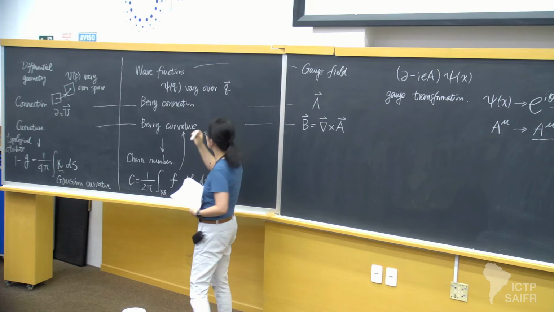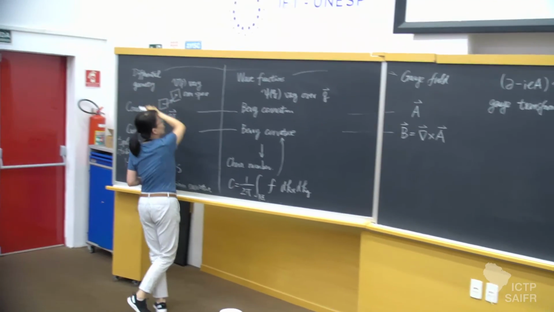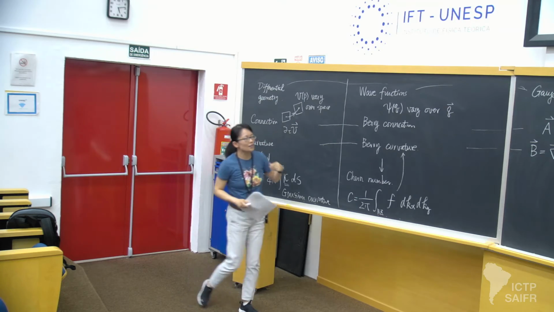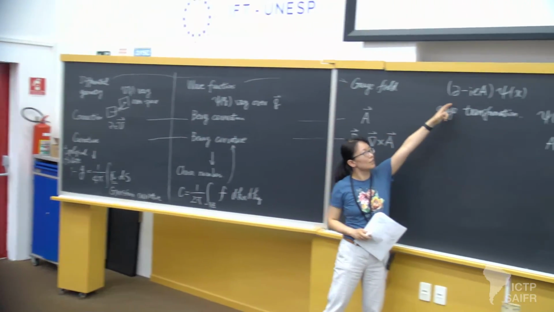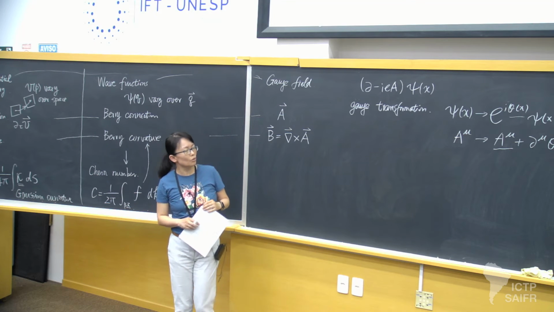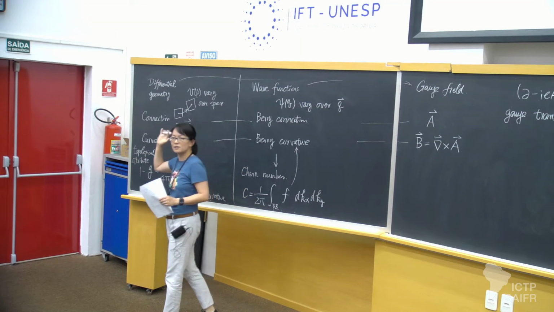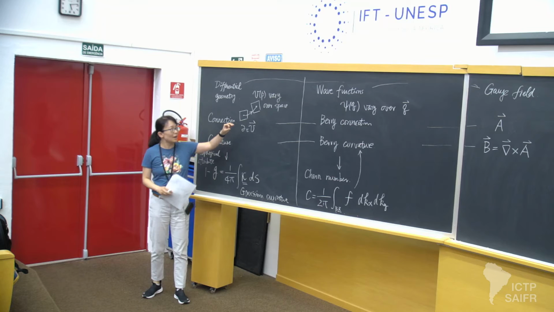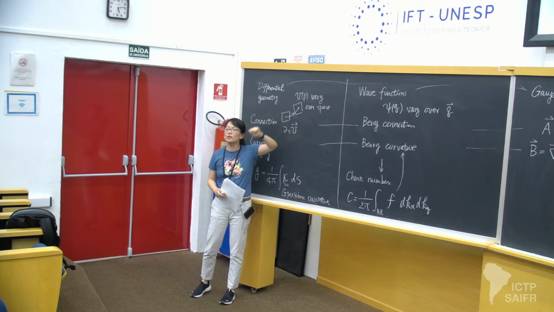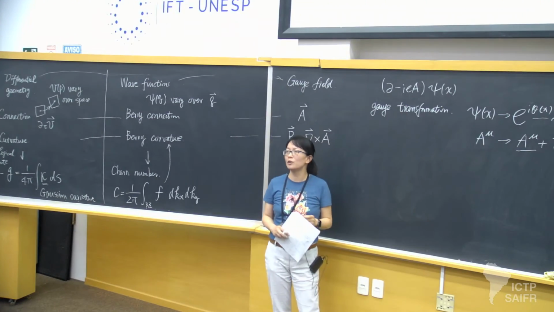And another way is to think about how gauge fields relate to differential geometry. I don't want to go into too much detail here, but basically, this minimal coupling can also be related to how you take derivatives on a curved space, where you need to correct for the fact that the tangent space varies from one point to another, and you need to add an extra piece to make it a covariant derivative.